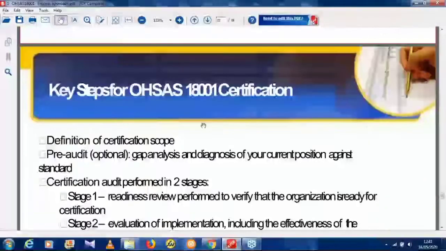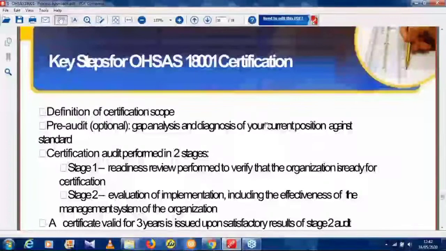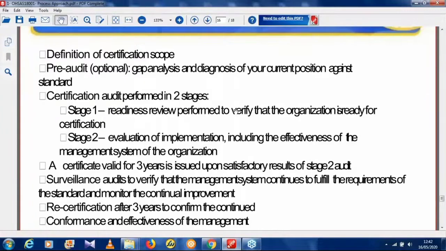And then, the key points to note, the key steps for OHSAS 18001 certification. Number one is the definition of certification scope. You define the scope of this certification. What area is it going to cover? What are to be looked into? What measures are to be looked into?